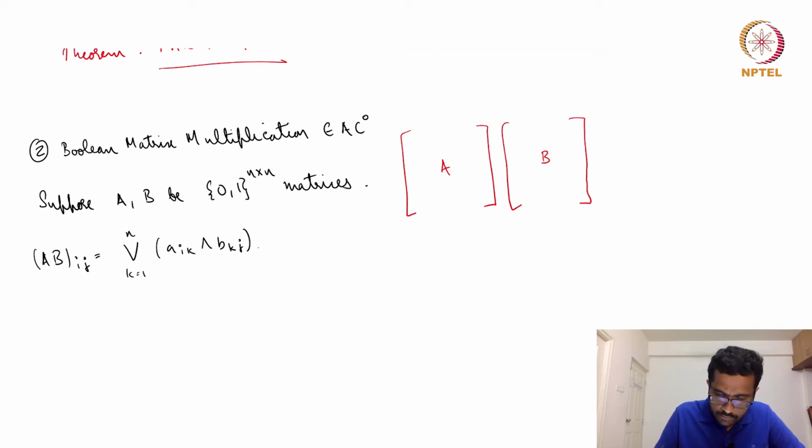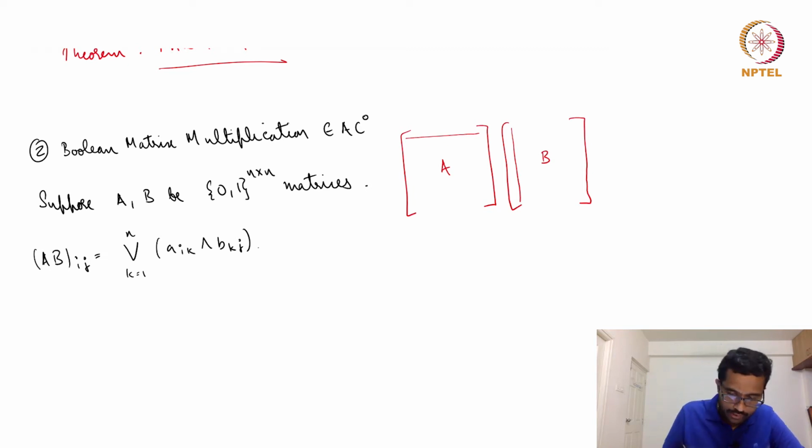And what is Boolean matrix multiplication? So in a standard matrix multiplication, we would take one row of A and one column of B, such that A11 will be multiplied with B11 plus A12 will be multiplied with B21 and so on.